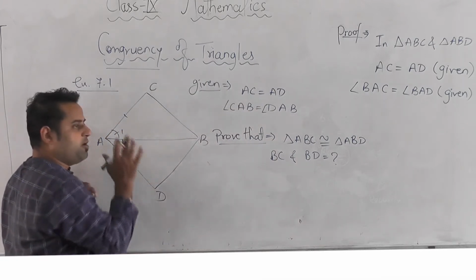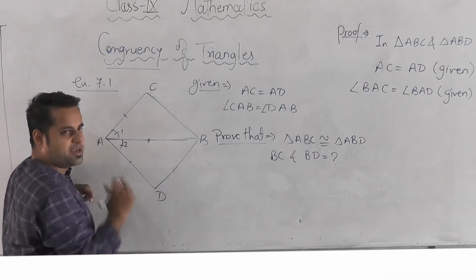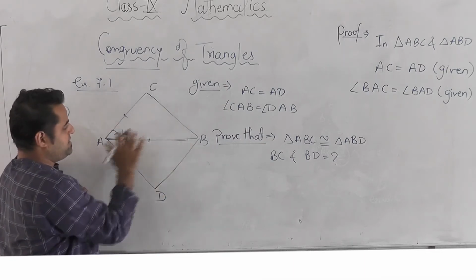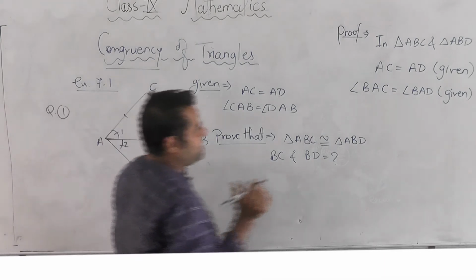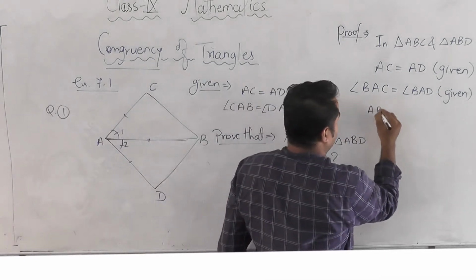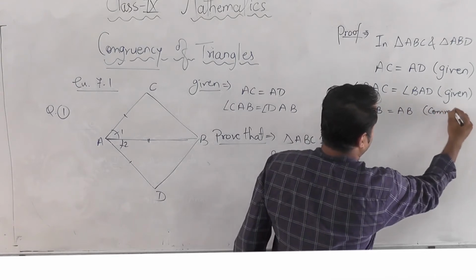The third thing, if you observe, is that side AB is common in both triangles. ABC has AB and ABD has AB. So AB equals AB, which is the common side of both triangles.